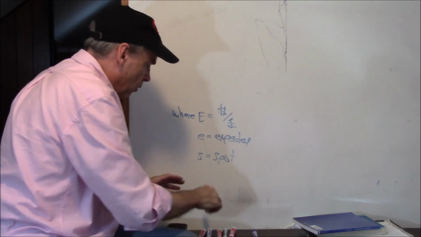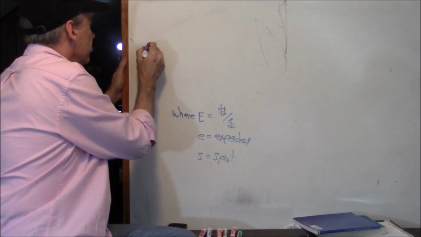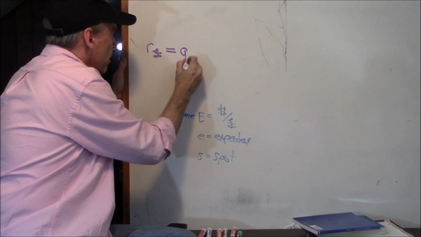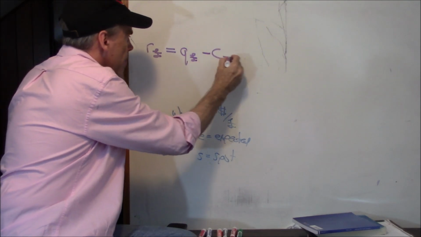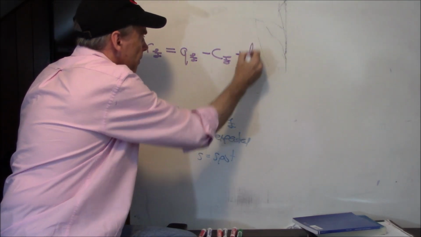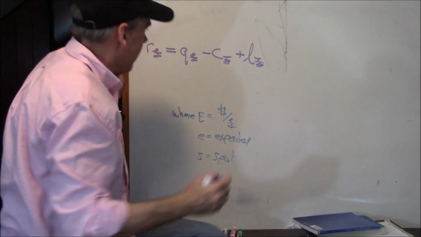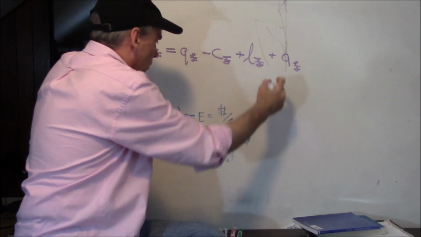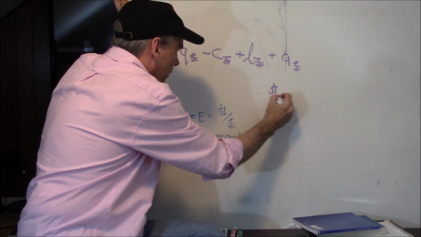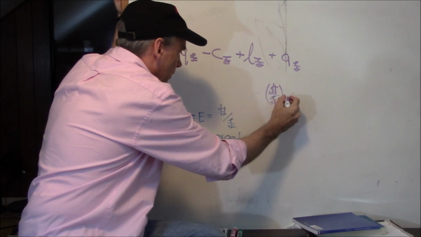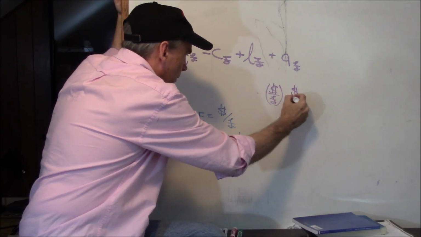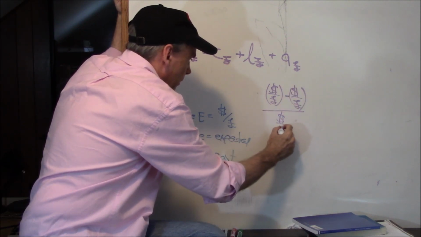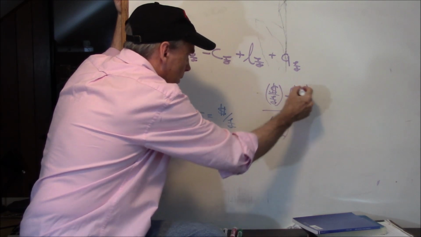All right, let me rewrite the equation and think about it a little bit more closely. Below it I'm going to write what that breaks down into: spot, expected.